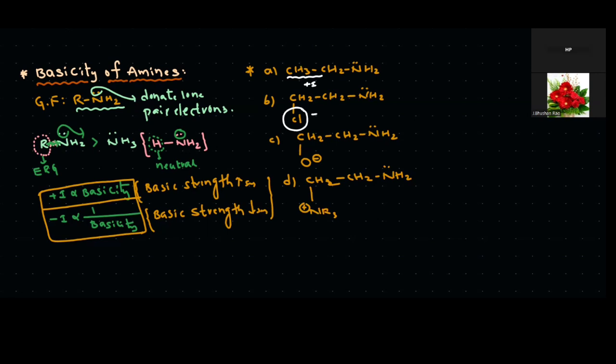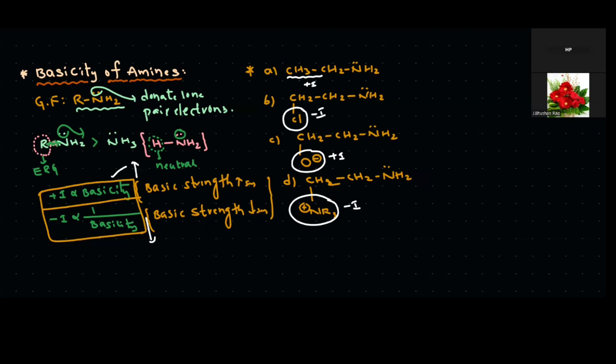In the third option, O minus attached to the same chain acts as a plus I group. In option 4, NR3 plus attached to the same carbon chain is always a minus I group. So in these four conditions there are two plus I groups and two minus I groups. Plus I always increases the basicity, and minus I always decreases it.